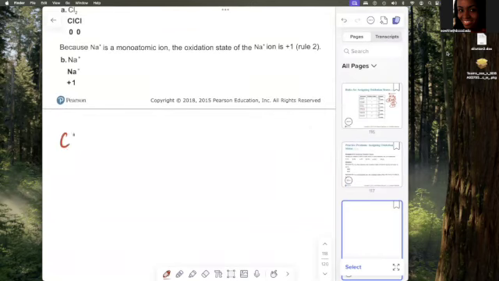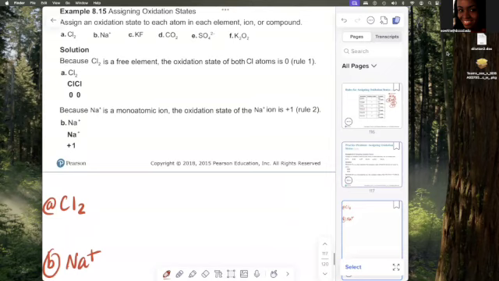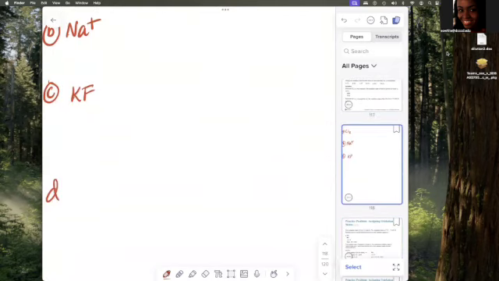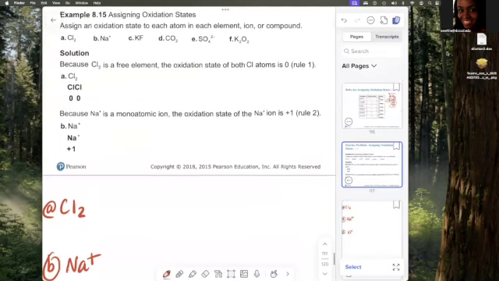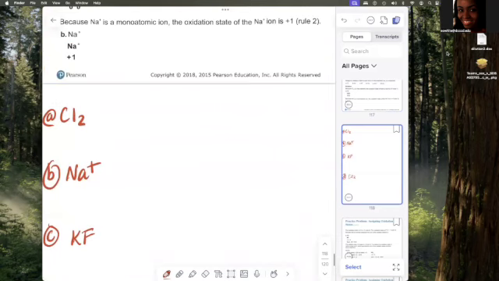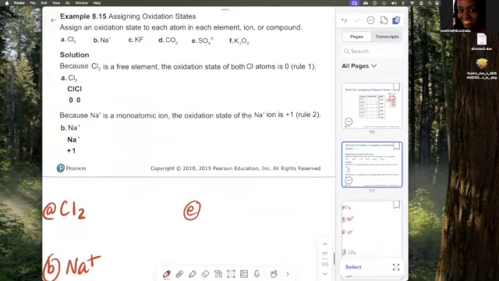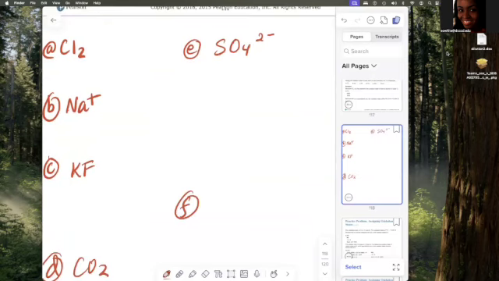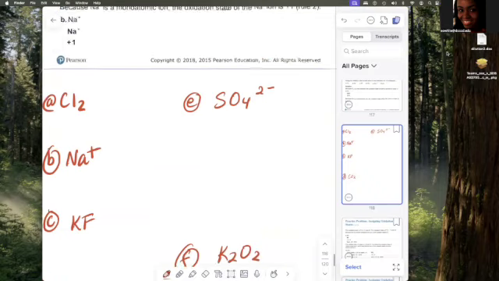We're working on Cl2, that was A, and then B is Na+, then C is KF, then D is CO2, then E is SO4 2-, then F is K2O2.